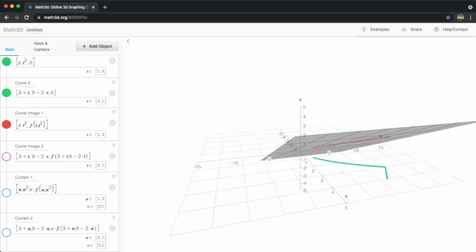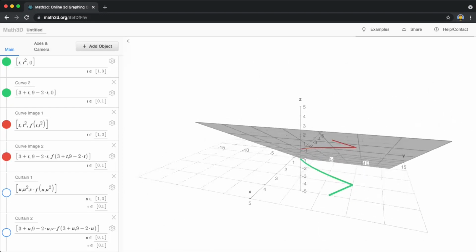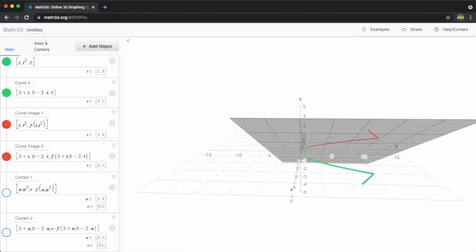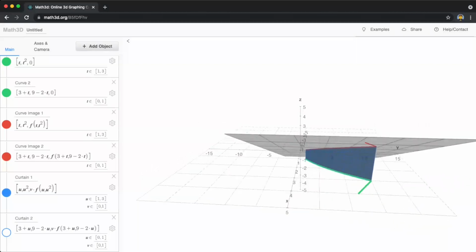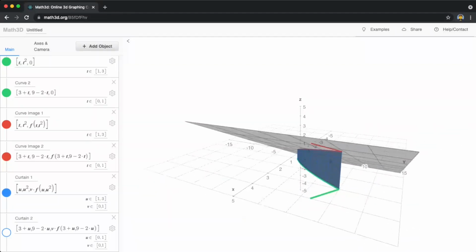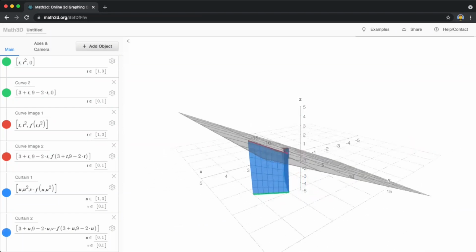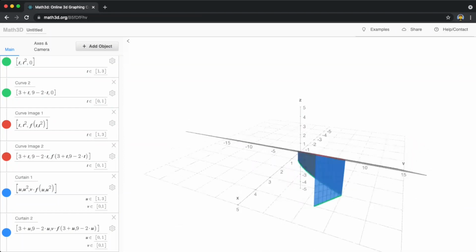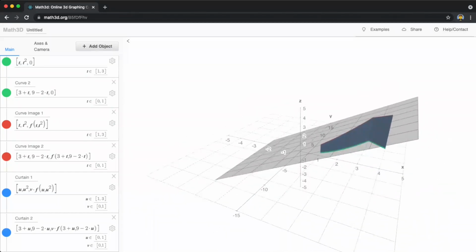So in other words, we found the area of the region between the green curve and the red curve. And we did that in two parts. We first found the area of the region above the parabola, which was that blue surface there. And then we found the area of the region between those two line segments. And we added them together to get the full area of that surface. So that's what our calculation was.